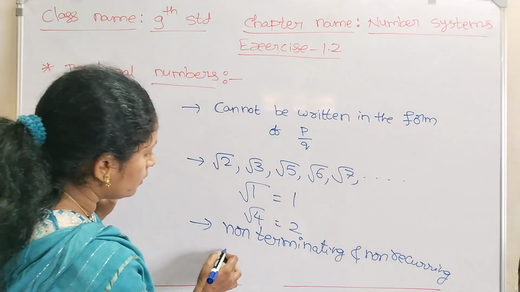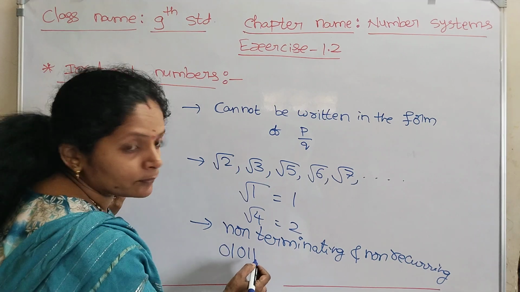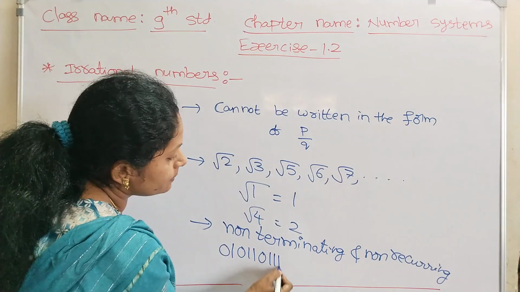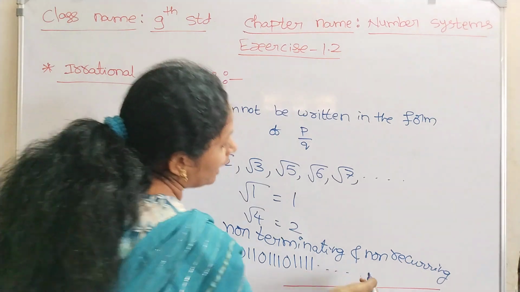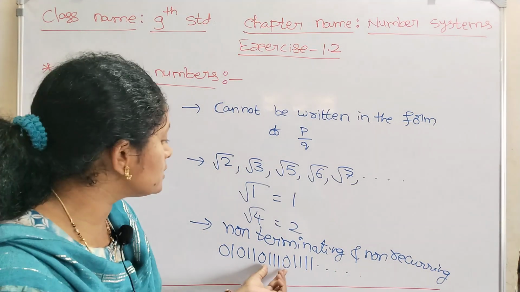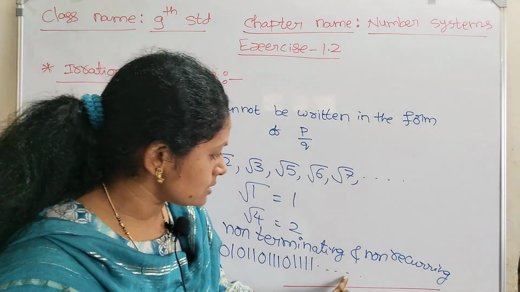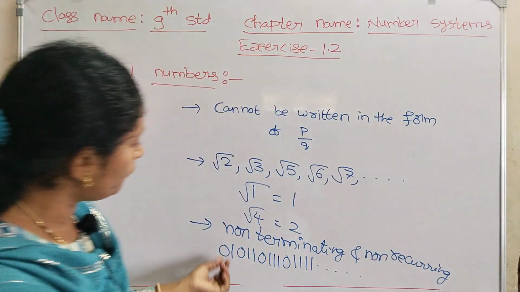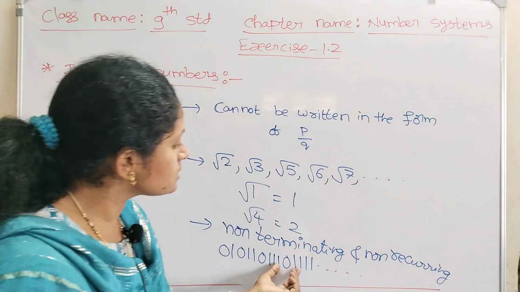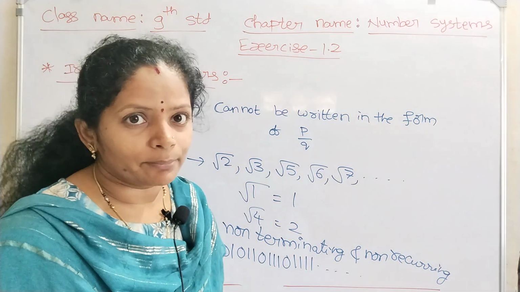Like 0.101101110 with the number of ones increasing and so on. I can say that this is also an irrational number, because non-terminating, the dots mean it is not going to end, and non-recurring, the sequence is not repeating here, so we can say that it is an irrational number.